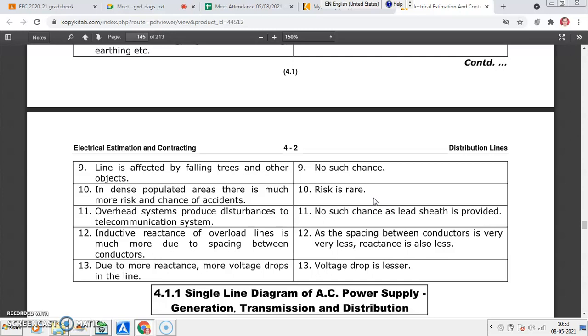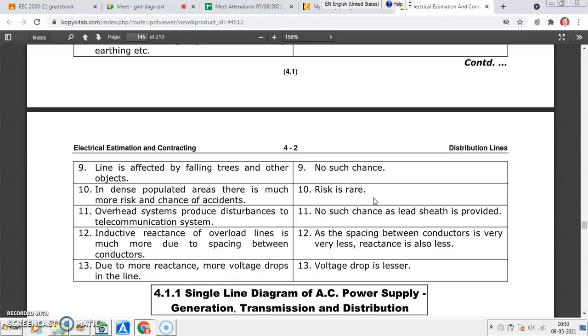Then the inductive reactance of an overhead line is much more than that of an underground system because of the spacing between the conductors. So there is inductance, capacitance, resistance of each conductor, and this is because of inductance and flux linking with the conductor itself, plus flux linking with the conductor because of the current flowing through the other conductor.